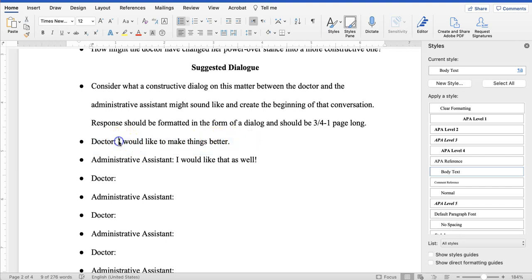Just to make it extra clear when everything begins and ends, I'm going to add quotation marks here, which is another common thing when you are formatting a dialogue, and it just makes it a little easier to see, okay, that's where who's speaking ends, and that's where what they say begins. And remember, you're not doing the whole conversation, just the beginning.